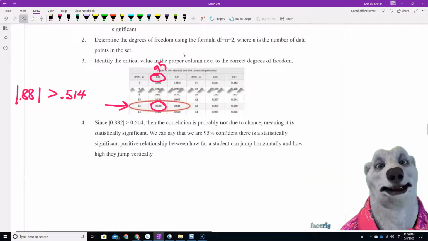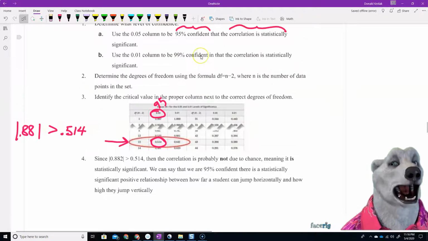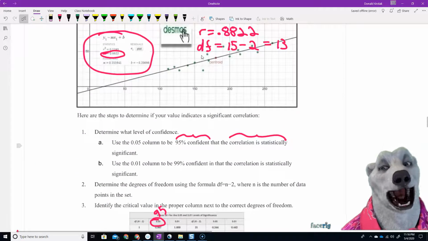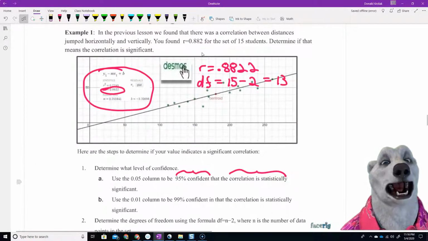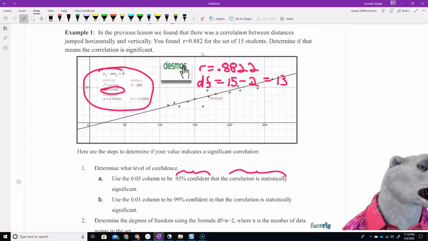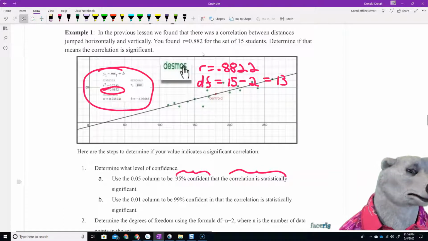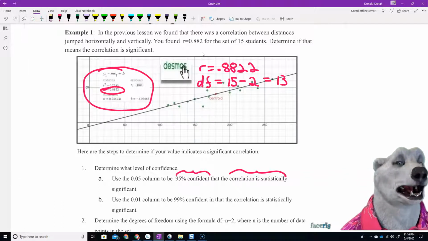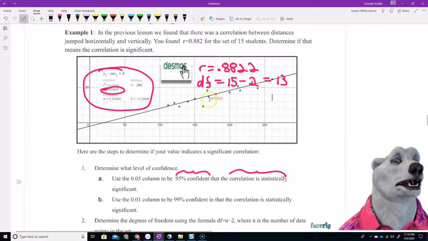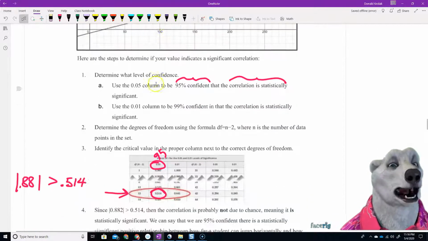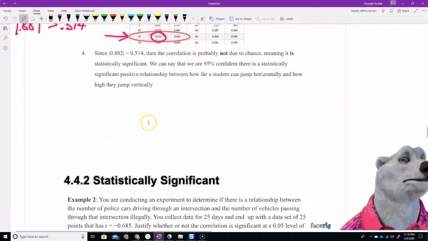That's bigger than 0.514. We can be 95% sure that what we're seeing here is a correlation that didn't happen by chance. So it's a pretty good idea that we're looking at a positive correlation between how far you can jump horizontally and how far you can jump vertically. All right.